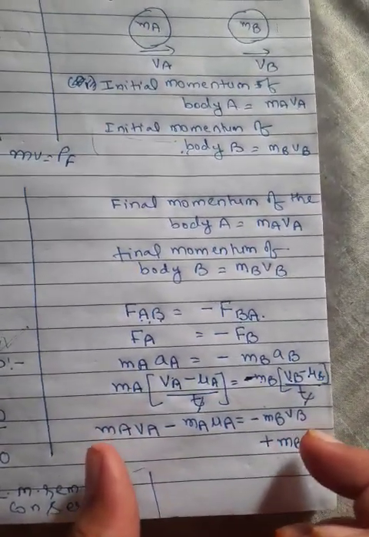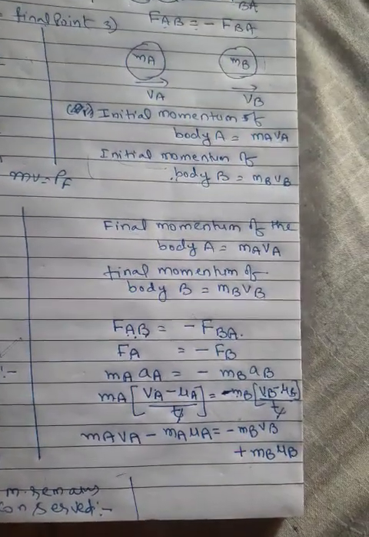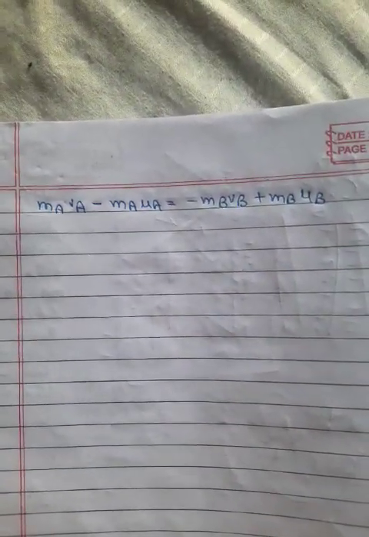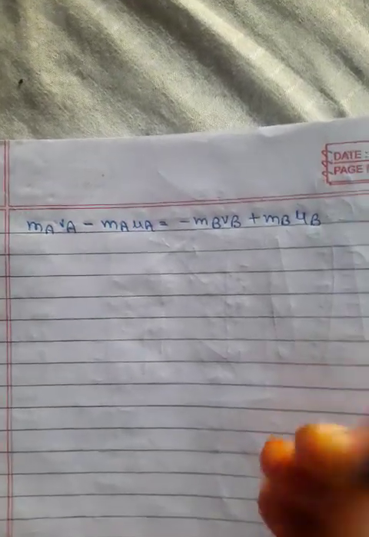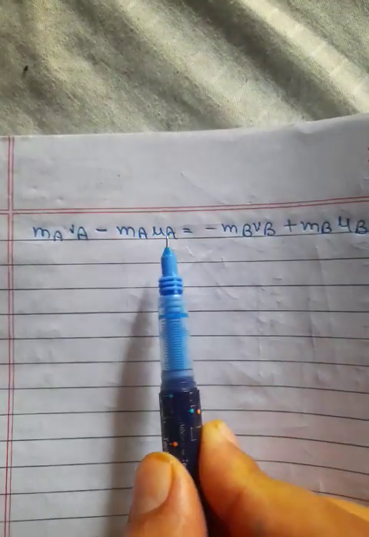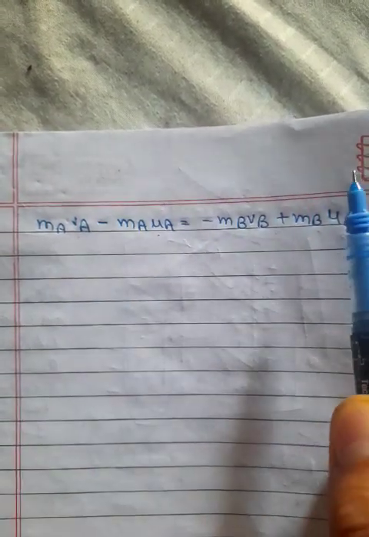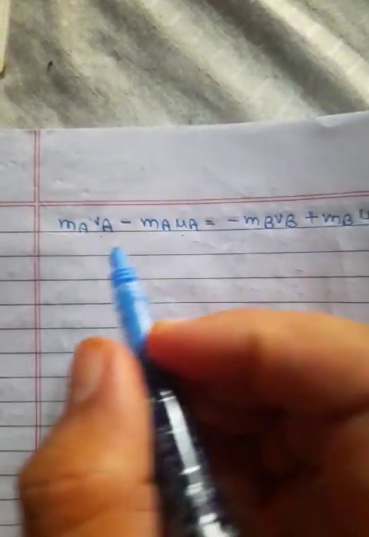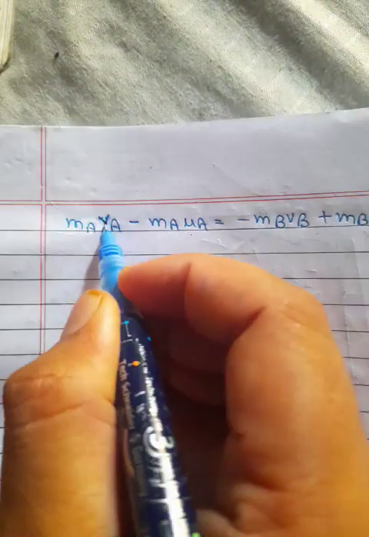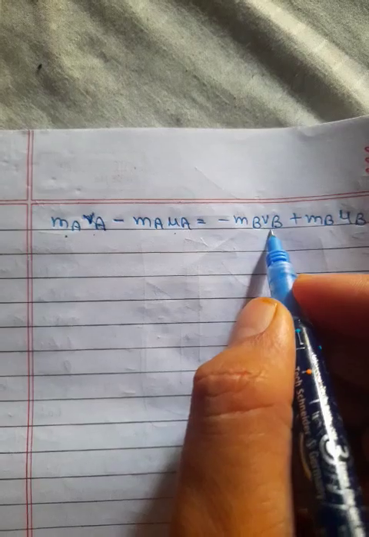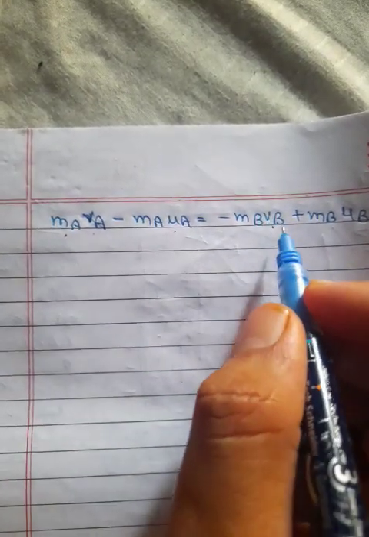Okay, this equation I am writing on the next page. So listen carefully. Okay student, we got this equation from the previous one. Say yes or no? All those things which are in the form of U, take one side, and other things you can take on another side.